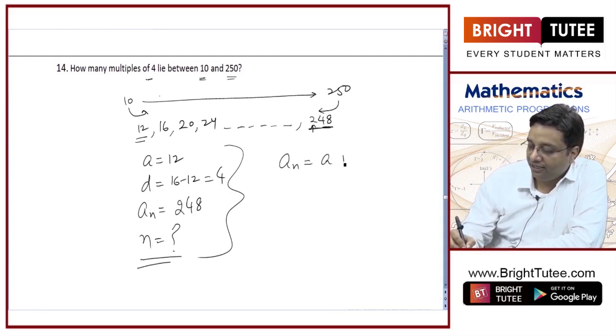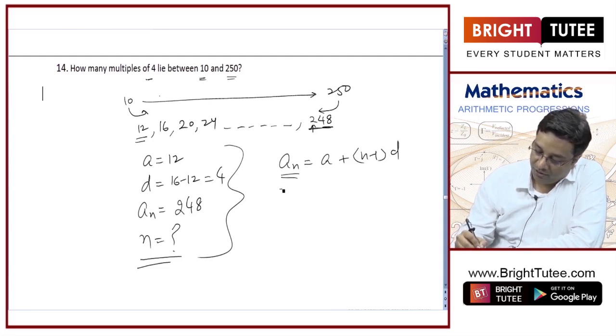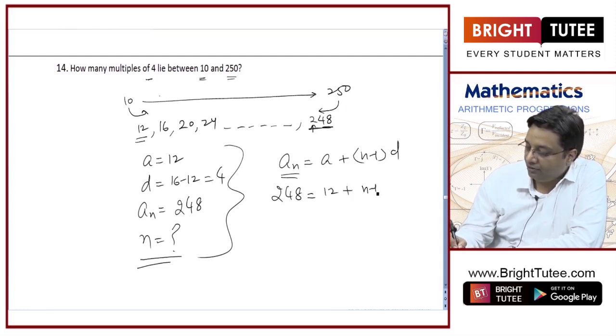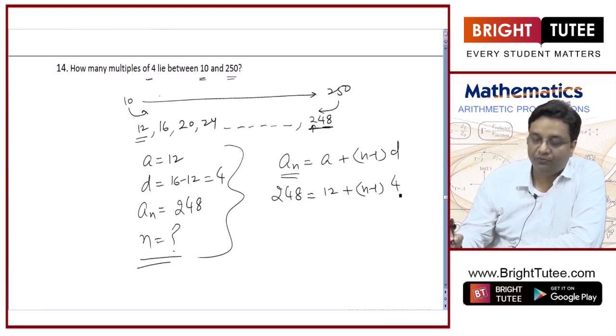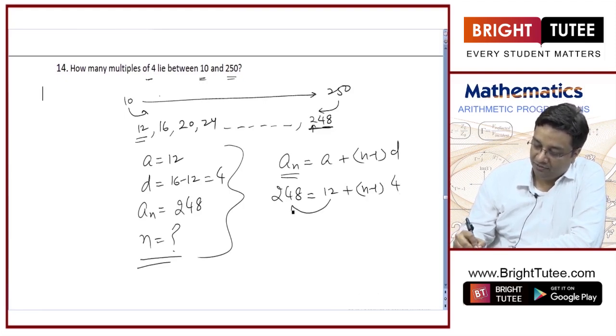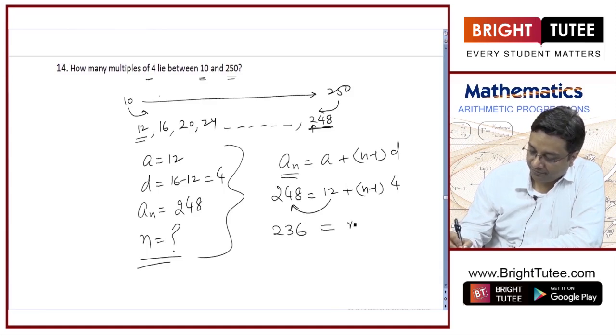So this question has become very simple now. An is equal to a plus n minus 1 into d. An is equal to 248, a is equal to 12, n we need to find out, and d is equal to 4. Right. Bring this 12 here. It will become 248 minus 12, which is equal to 236, equal to n minus 1 into 4.